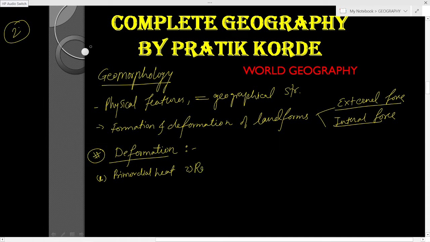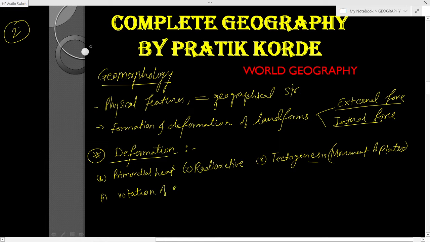Second is radioactive materials which are there in the earth, and the property of radioactivity. Third is tectogenesis, that is the movement of crustal plates. And the fourth is rotation of earth.